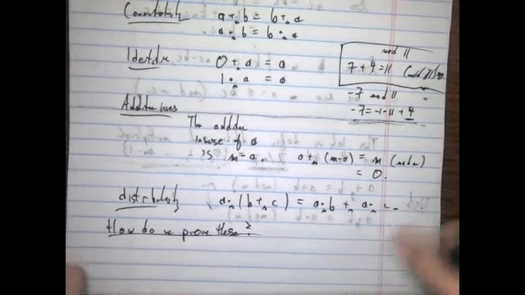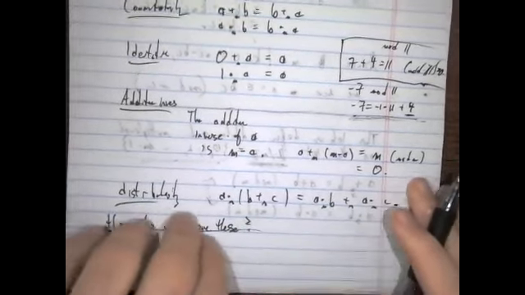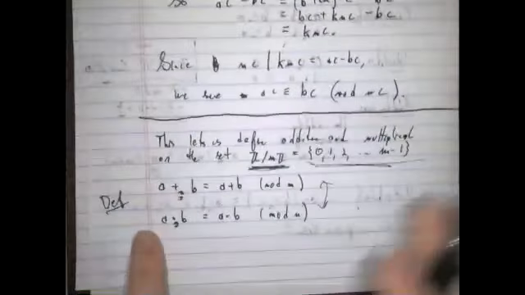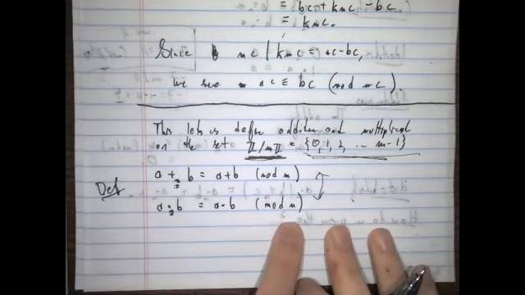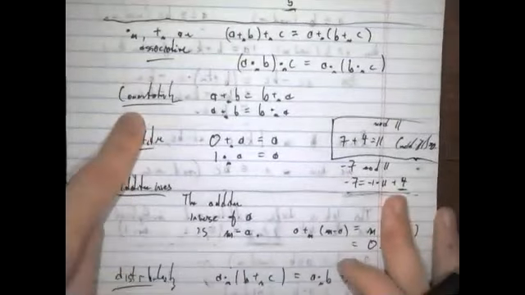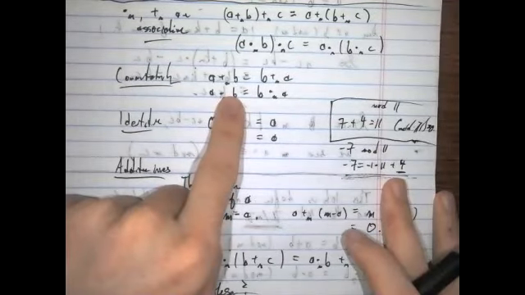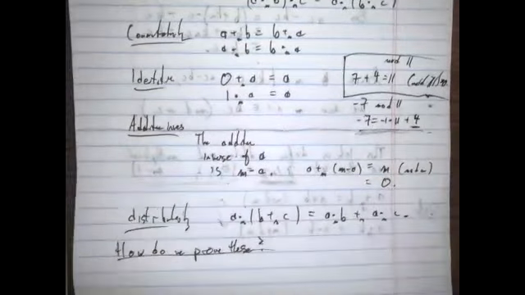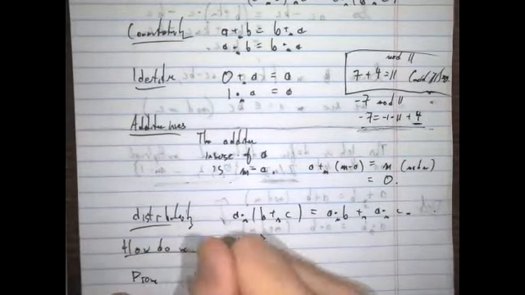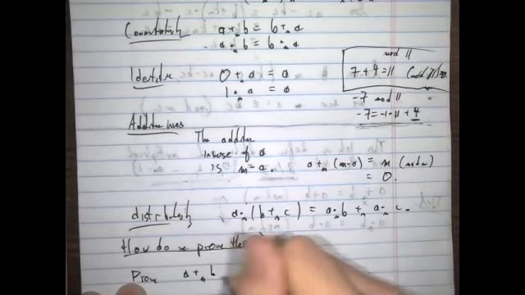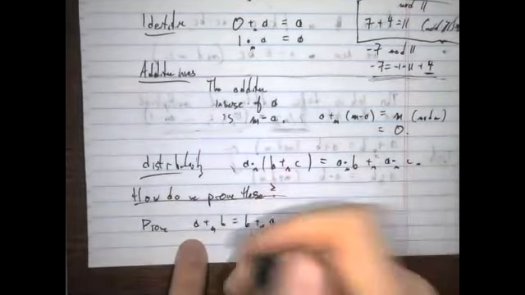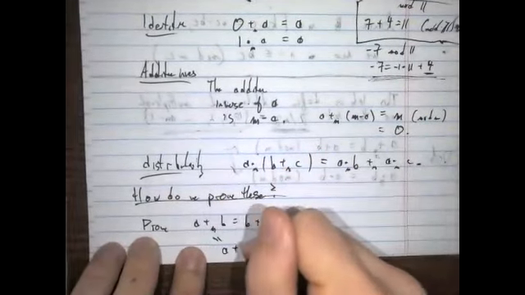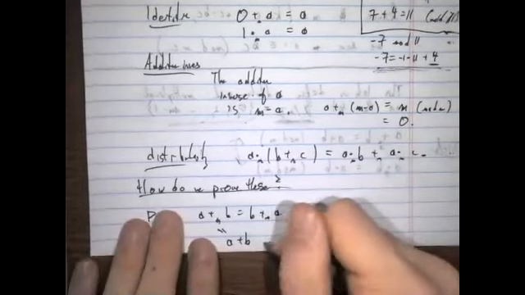Okay, how do we prove these? Well, we prove all of these things by remembering that we defined plus m and times m by plus and times modulo m. So for instance, if I wanted to show commutativity, I would remember that addition on the integers is commutative. So let's prove a plus m b is equal to b plus m a. Well, the point is this right here is equal to a plus b now as integers mod m.